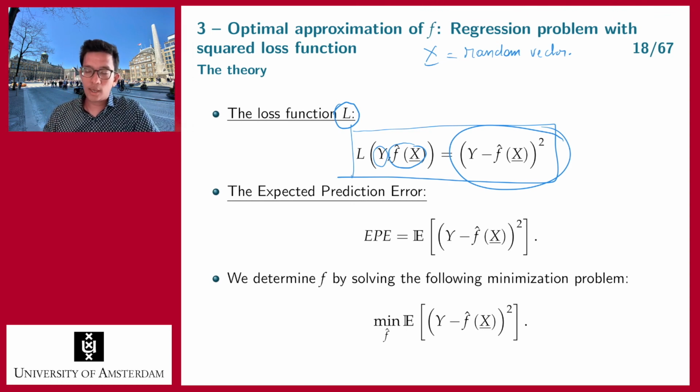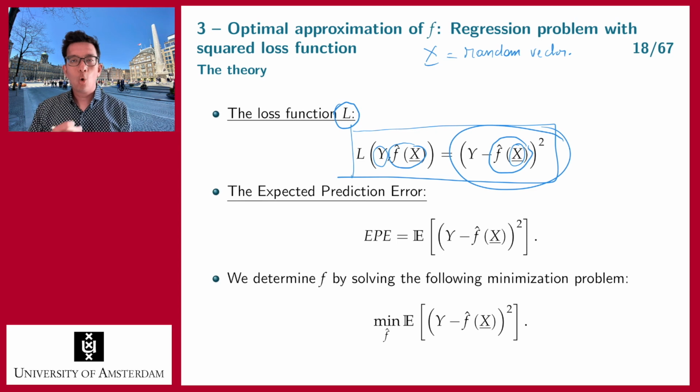If I now look at x as a random vector, it means that I'm going to randomly pick someone for my portfolio. And because I randomly pick someone, I don't know what predictor vector I will get. I don't know if it will be a male or a female, for example. That depends on the distribution. So this x is a random variable, so it means that also f hat applied on x is a random variable.